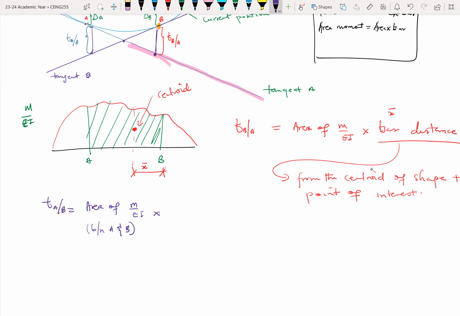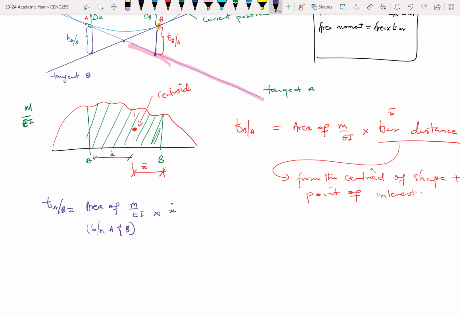But this time around, you are looking at the distance with respect to A. So we have to find this distance here. Let me call it x dot. So times x dot. And this is the difference between the two. So where we want to find the vertical deviation determines where we want to take the moment about.